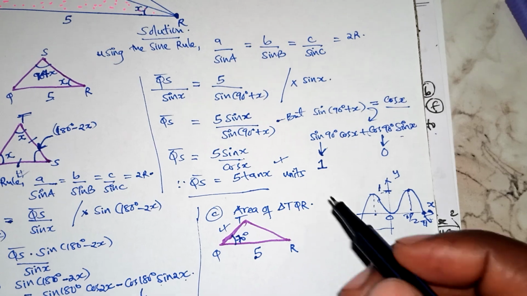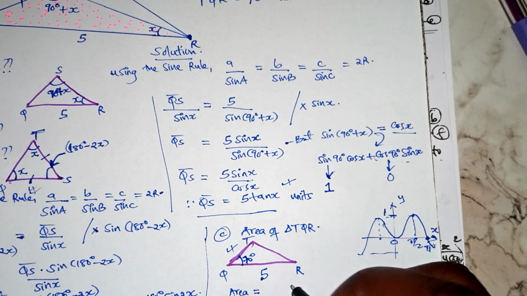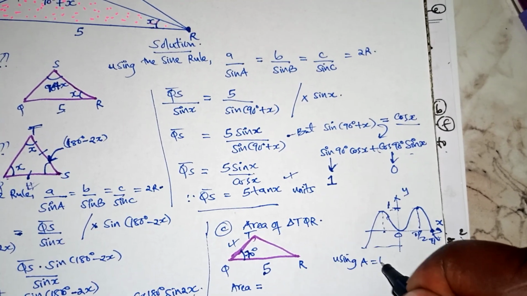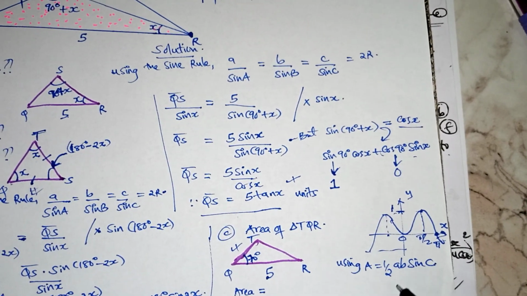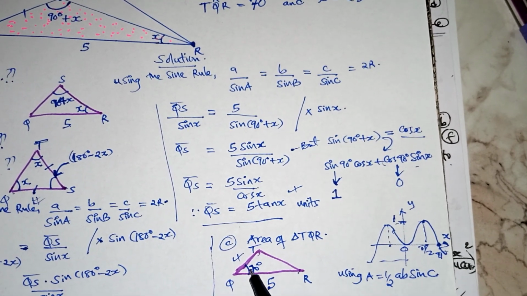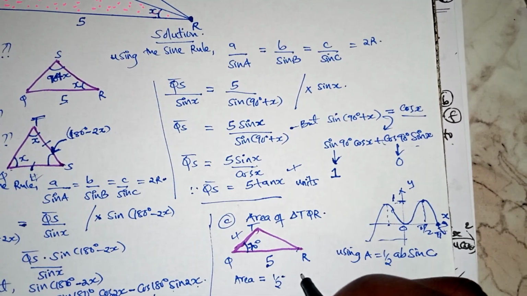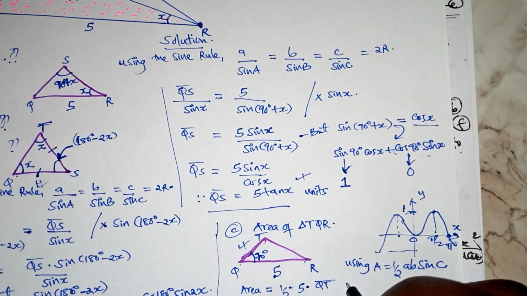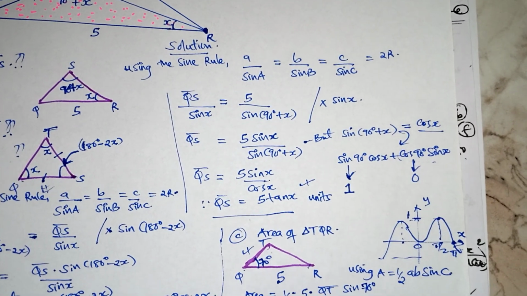Therefore, area is equal to what? Remember, we are using area is a half AB sine of the angle between the two sides. If this was AB, this would have been C, the angle. So this area is a half times 5 times QT times sine 70 degrees.